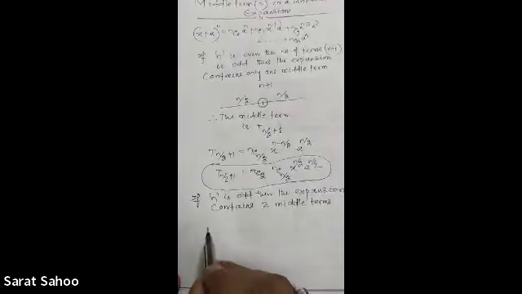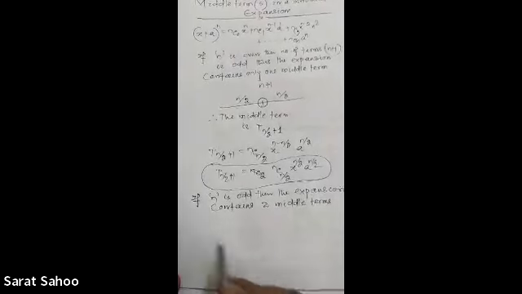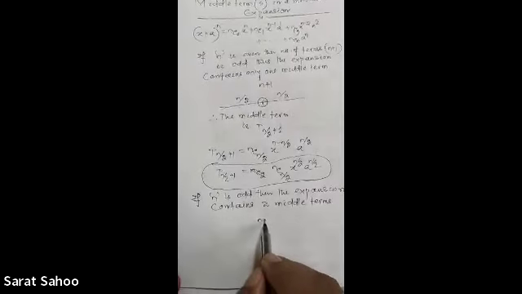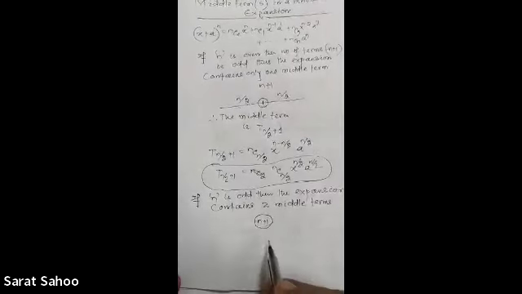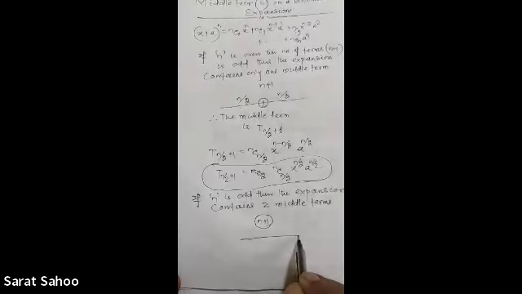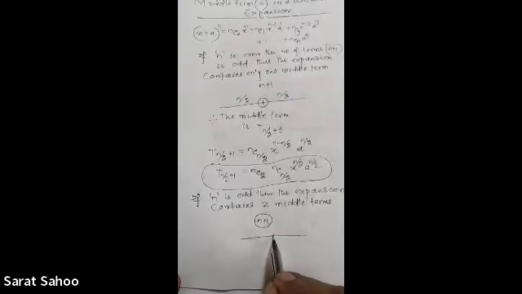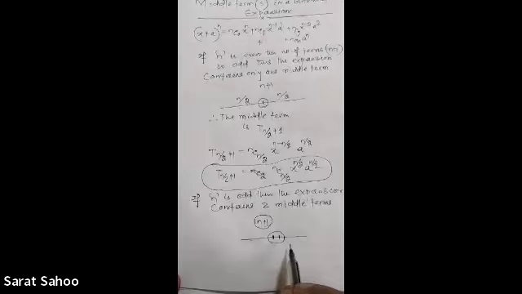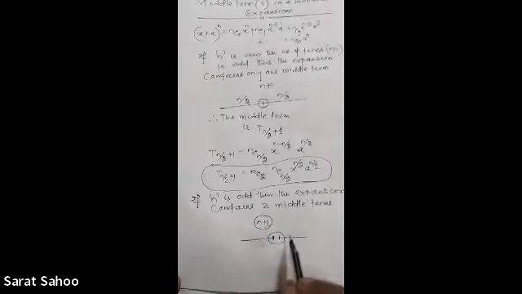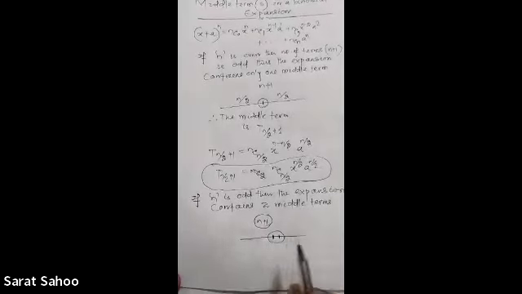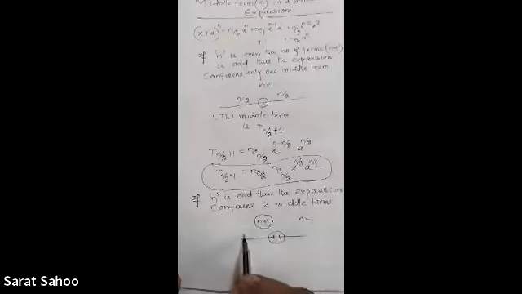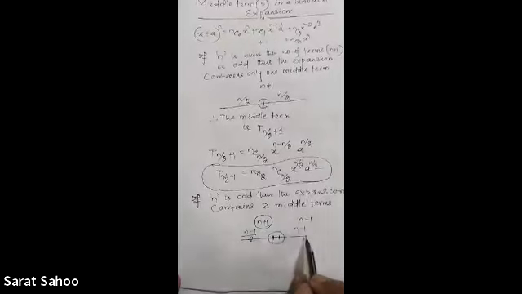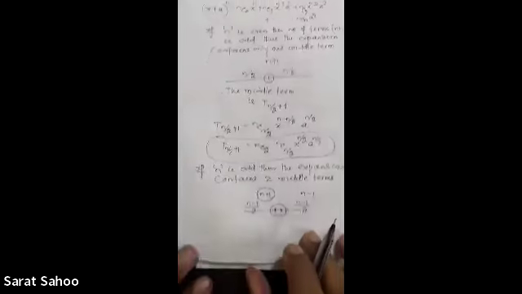The total number of terms is n plus 1, out of which two terms are middle terms. So half of the rest of the terms will be on the left hand side and half on the right hand side. The rest of the terms are n minus 1, so (n minus 1) by 2 terms will be on the left and (n minus 1) by 2 terms on the right.